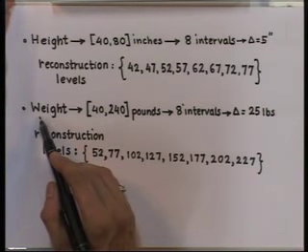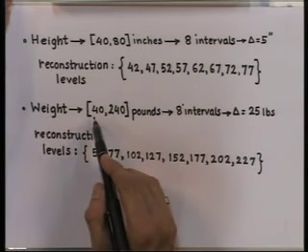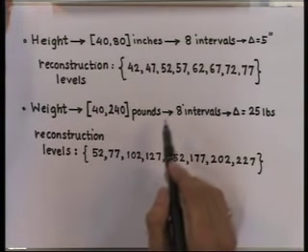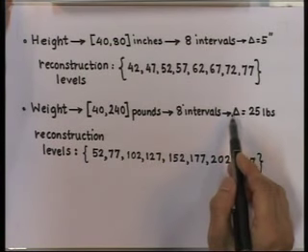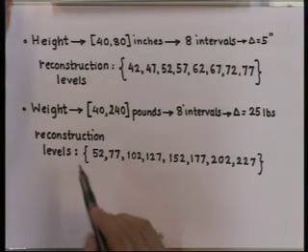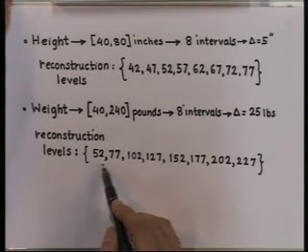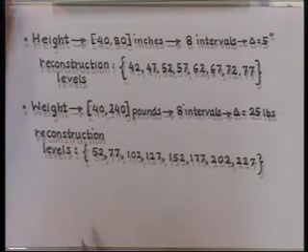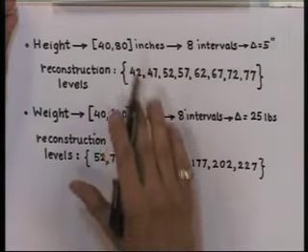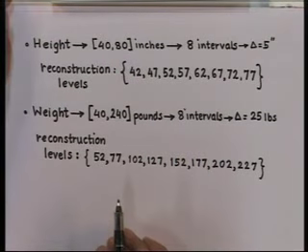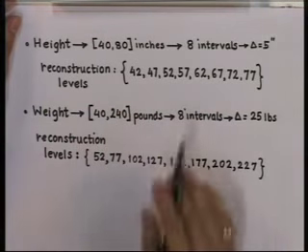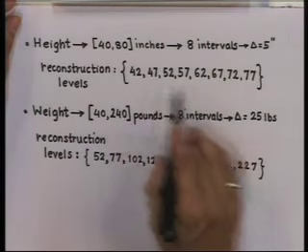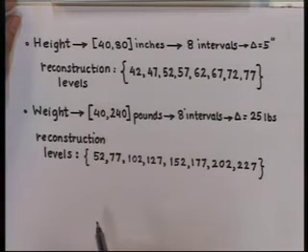Similarly, for weight with the range between 40 to 240 pounds and 3 bits of quantization will give us step size of 25 pounds and the reconstruction levels as shown here. Now, this is what we get when we quantize height and weight individually. These are the individual reconstruction levels.